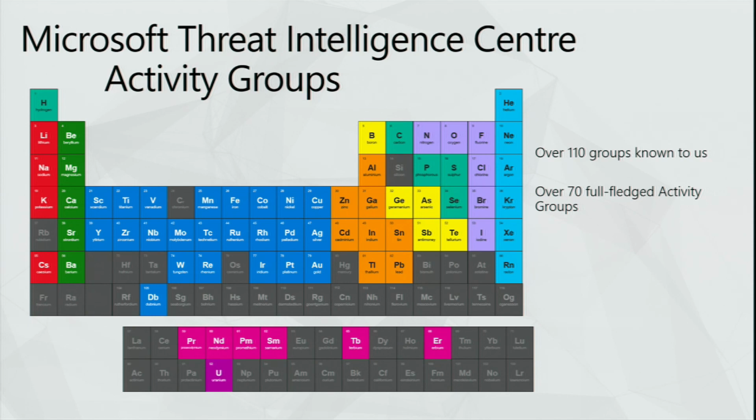You will see us talk publicly in their blogs or a threat intelligence report, and we name threat actors or activity groups based on names from the periodic table. So when we talk about Strontium, FireEye is going to call them APT28, CrowdStrike's going to call them Fancy Bear. Okay, that's just our naming convention.